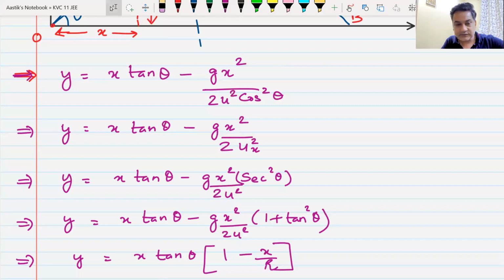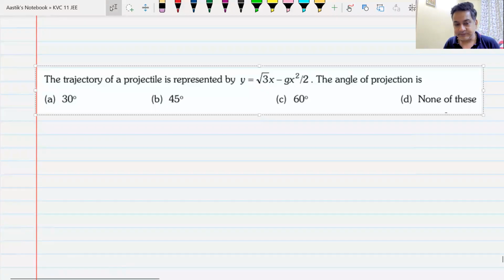Well then, we shall move ahead in life and solve this question. Remember, most of these questions have come in your JEE. This is one from one of the previous JEEs of my time, in the 1990s.